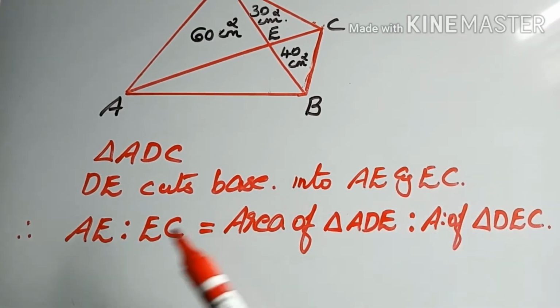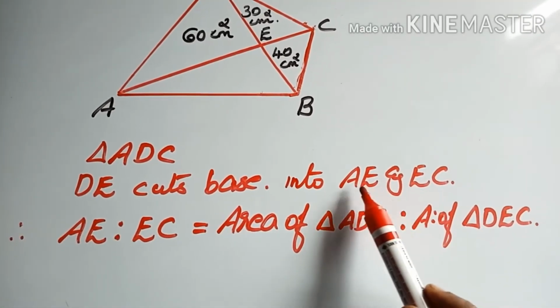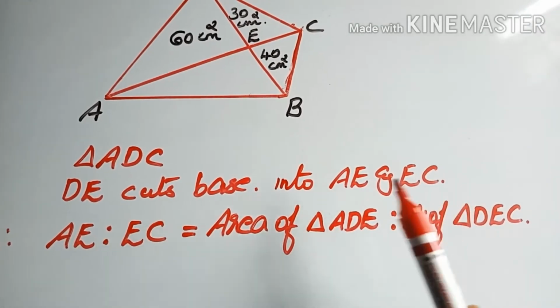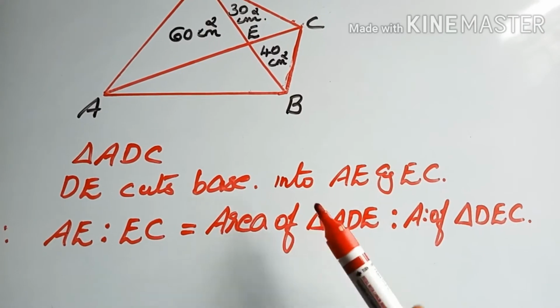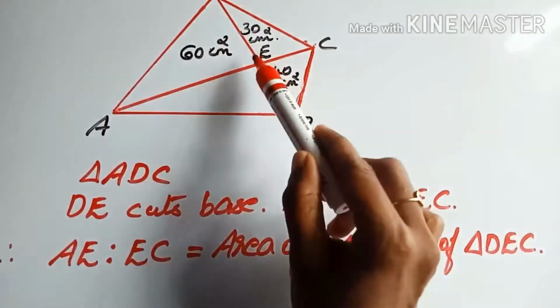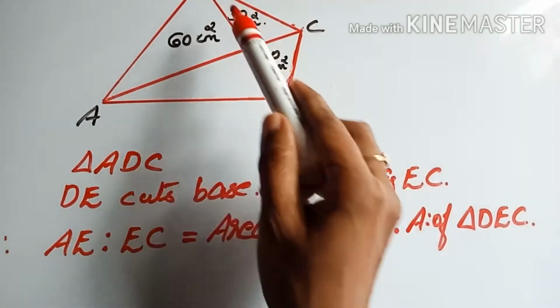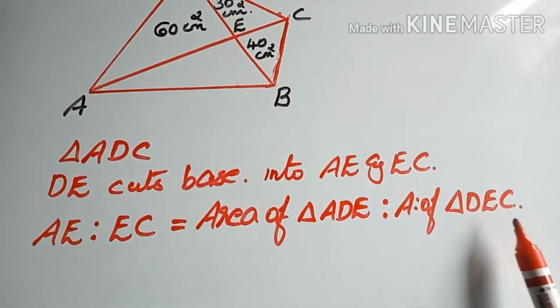The base ratio AE is to EC will be equal to the ratio of their areas, that is, area of triangle ADE is to area of triangle DEC.